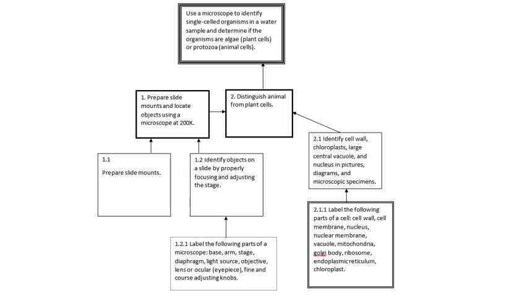Now you'll notice that the next goal step, distinguishing animal from plant cells, number 2, in order to do that, students need to be able to identify certain cellular structures. Basically speaking, plant cells have cell walls, and animal cells don't. Other types of cells have cell walls too, like fungal cells.